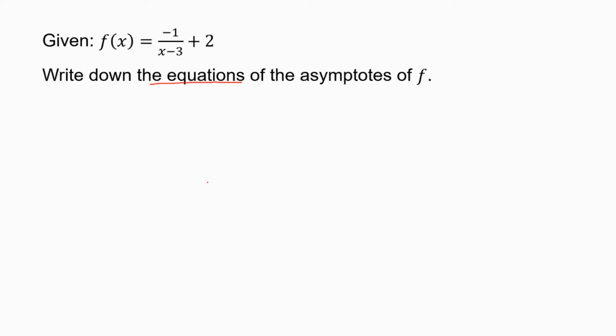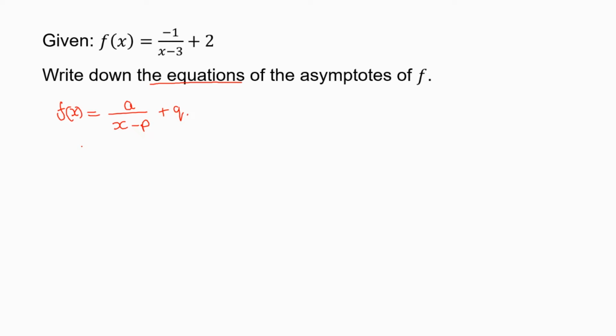So what we do here, remember from the general equation, let's say a hyperbolic function f of x is equal to a over x minus p, plus q. You have to know that for this equation, p will give you the equation of the vertical asymptote, and then q will give you the equation of the horizontal asymptote.